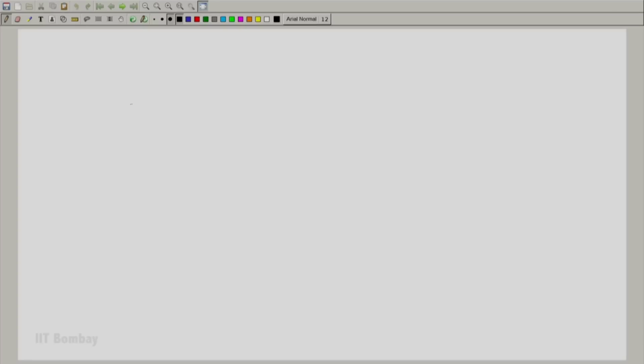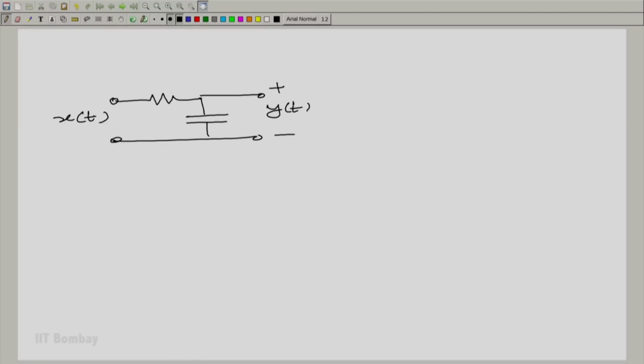Now, let us look at the same example that we began with. If you look at the description there, the RC circuit for example, we took the output y of t, which is the output voltage here, and the input x of t, which is the input voltage.